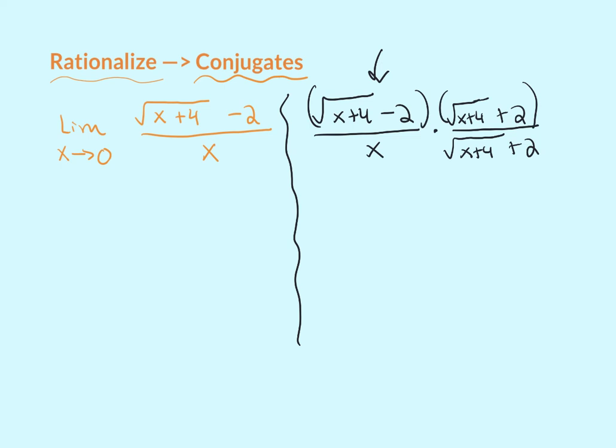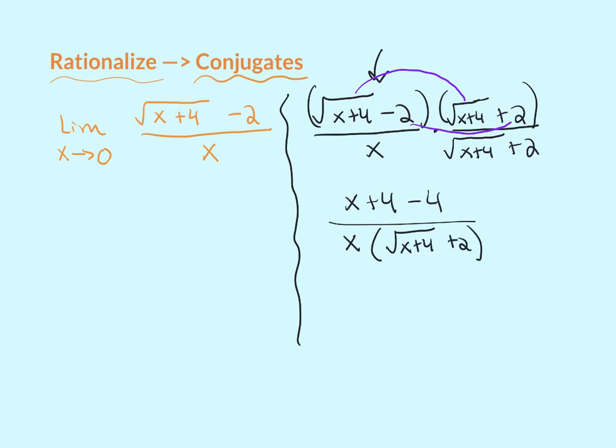So if I FOIL the top, when you're multiplying conjugates, you only have to multiply first and last. So square root of x plus 4 times the square root of x plus 4 will leave you with just x plus 4. And then negative 2 times 2 is minus 4. All over, I'm just going to leave this as x times the quantity square root of x plus 4 plus 2.